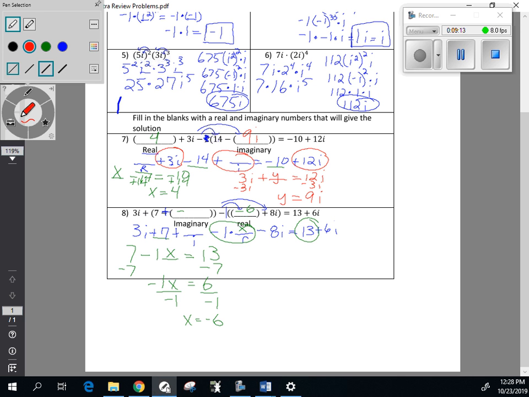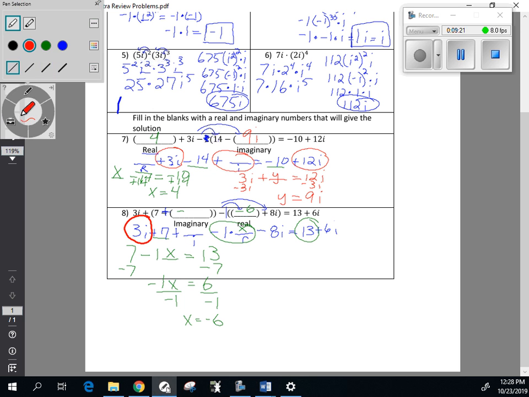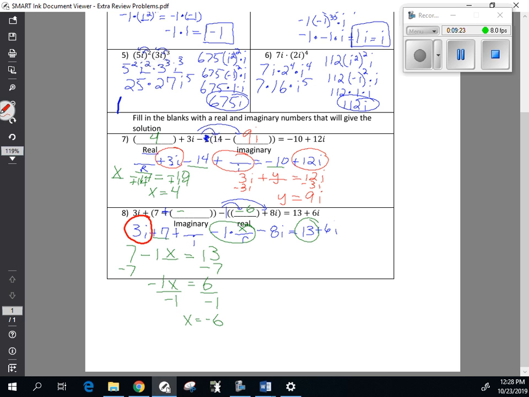Okay, we do the same thing for the imaginary. So I notice I have 3i here. Okay, I have a plus y here, and I have a negative 8i here. So I put that all together. I have 3i and minus 8i. I have a plus. I don't know what number this is right here, but I know that if I add them all together, I get 6i.